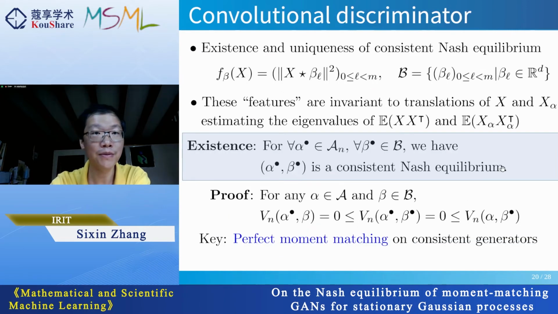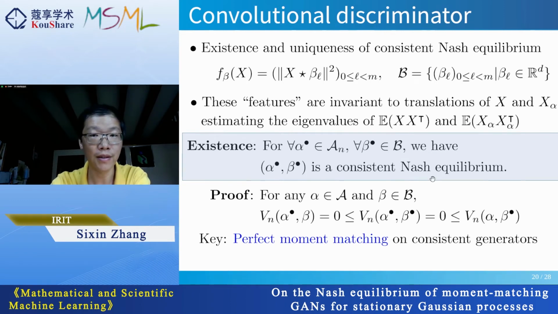Now let me move on to the last case, that is the convolutional discriminator. We want to study its existence and uniqueness. So we are trying to convolve data with different features and take the modulus squared. Note that these norms squared are measuring invariant features of the eigenvalues of these covariance matrices.